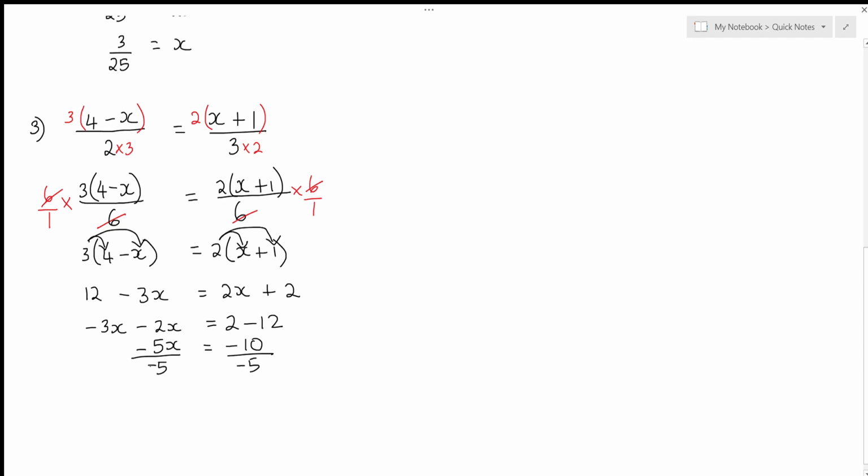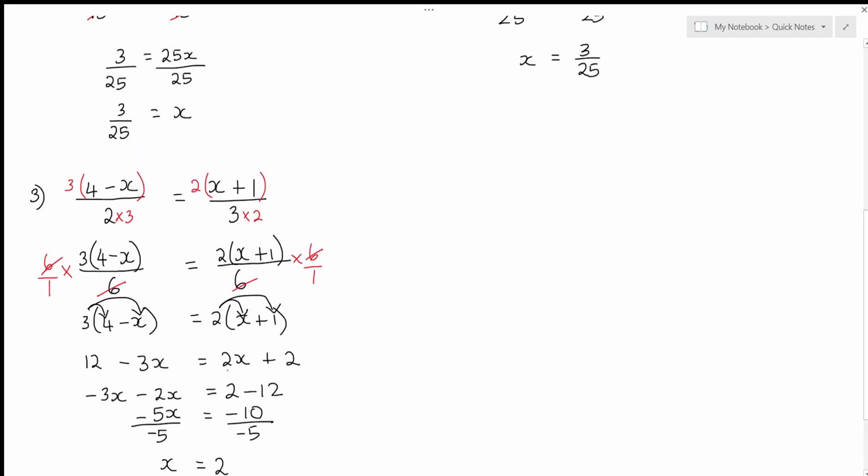A negative divided by negative will give me a positive. So here I'll be left with x equal to, a negative divided by negative is positive, and 10 divided by 5 will give me 2.